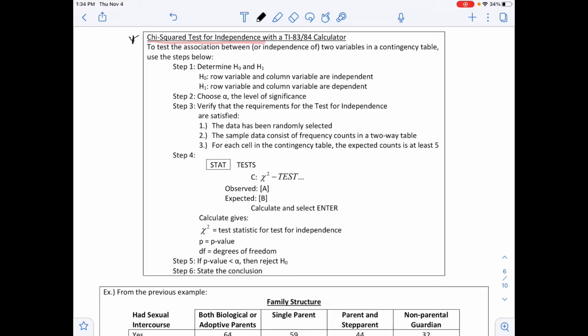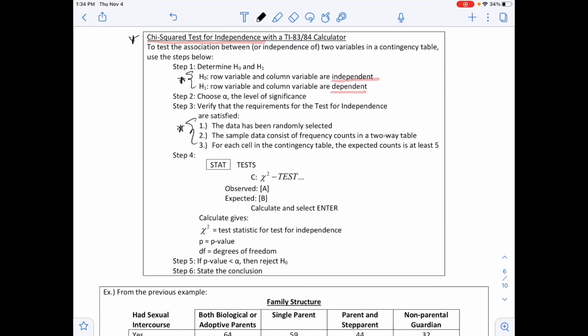So step 1 is determining our null and our alternative hypotheses, which again, the row variable and the column variable are independent in the null, whereas they are dependent or not independent in our alternative. Step 2 is alpha. Step 3 is verify the requirements for the test are satisfied, and those are listed here.